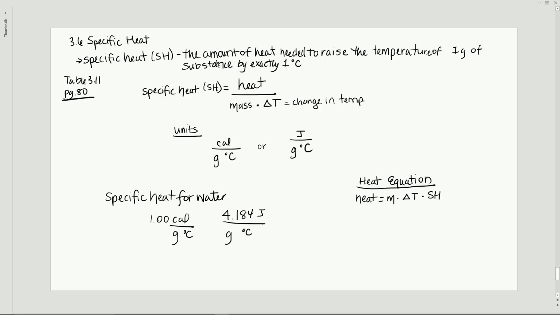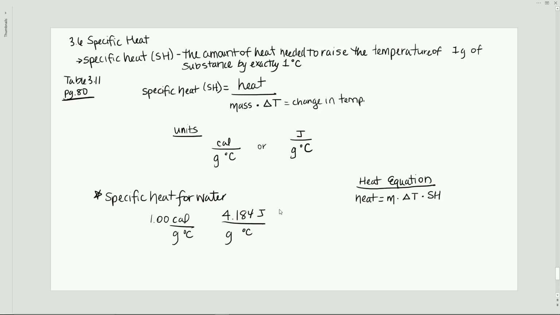All right. So one thing that you will use a lot is the specific heat for water. So the specific heat for water in calories is 1.0 calories per gram degree C, and in joules it is 4.184 joules per gram degree C. We used both of those in lab last week.